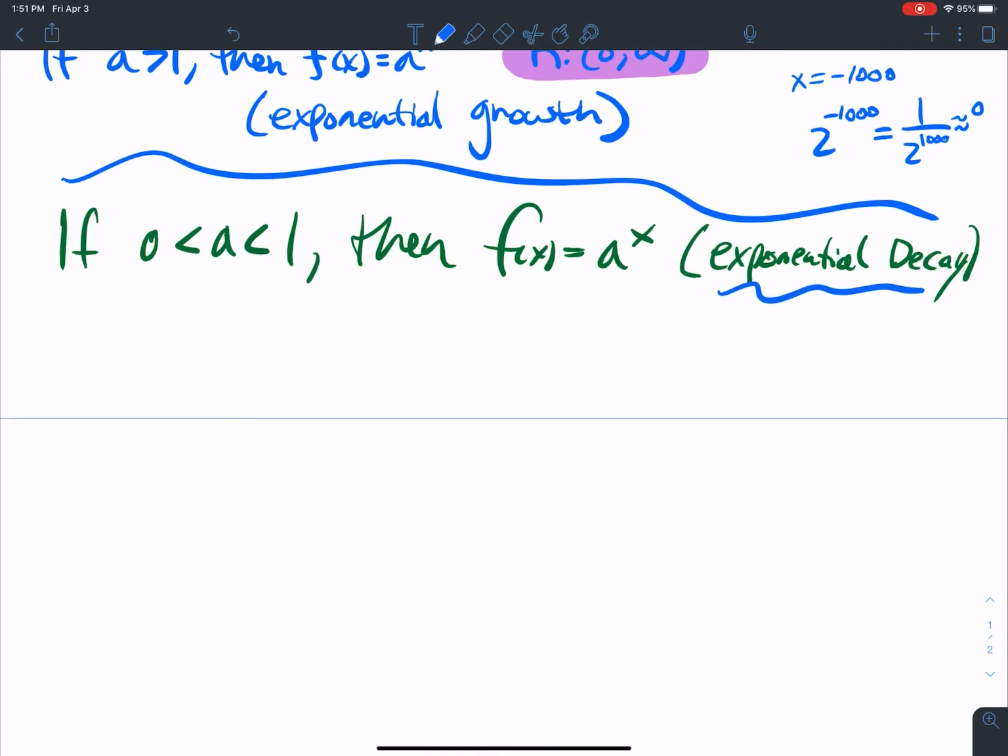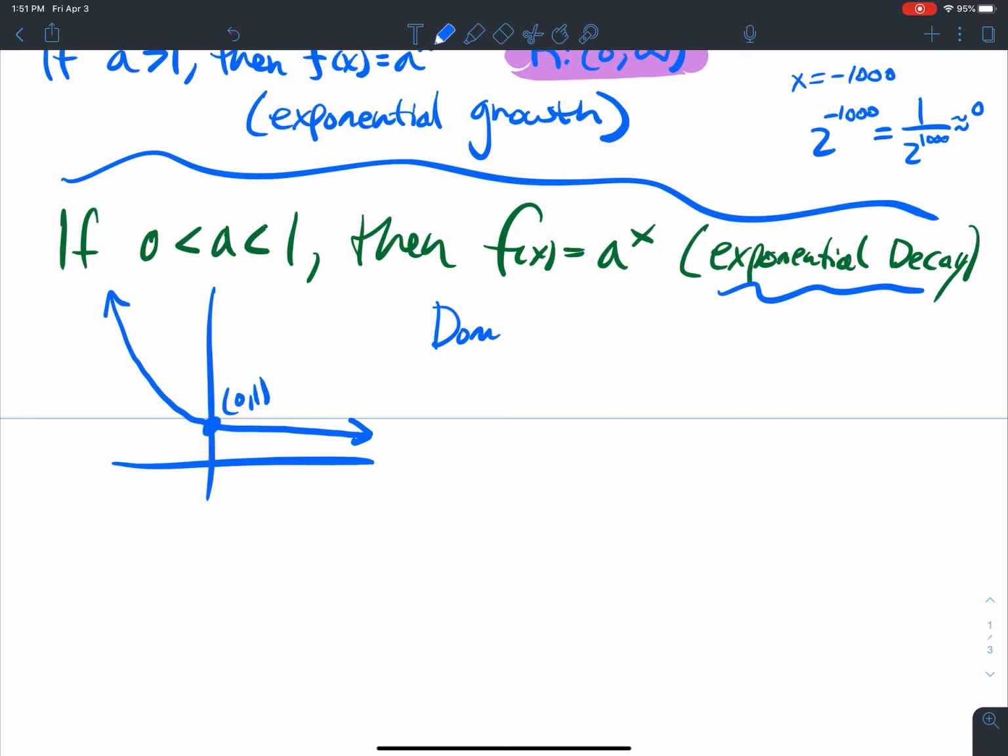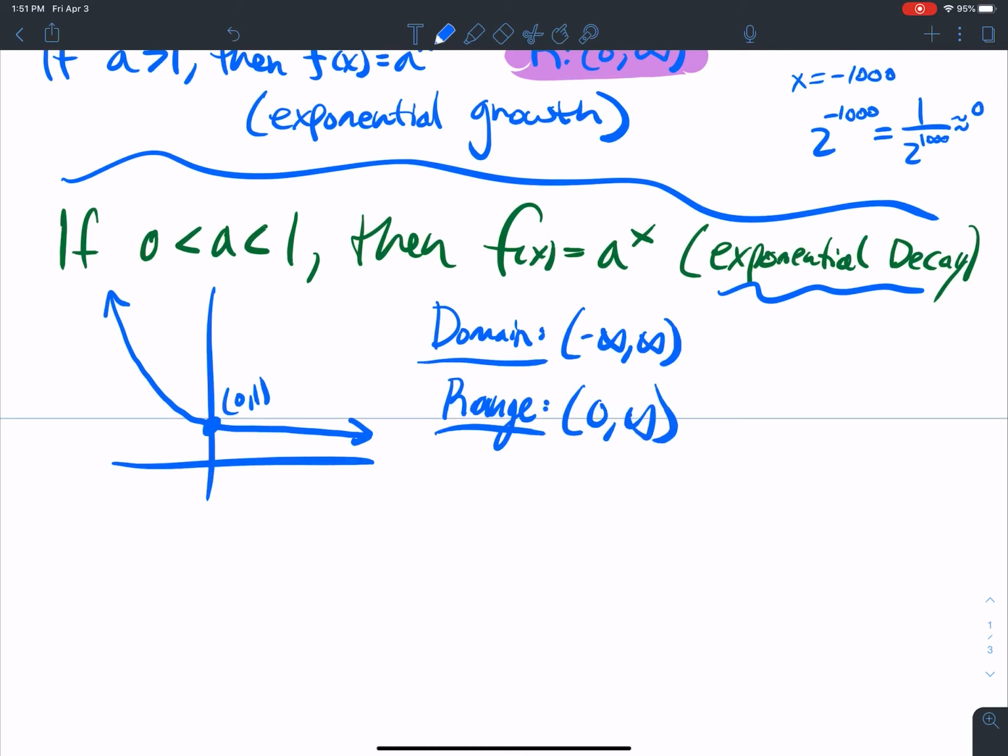Exponential decay would be a scenario like this. My graph is doing something like this. It's literally flip-flopped. We're still passing through this point, 0, 1, but now it's flip-flopped. The domain and range are still the same: the domain is negative infinity to infinity, and the range is still 0 to infinity.